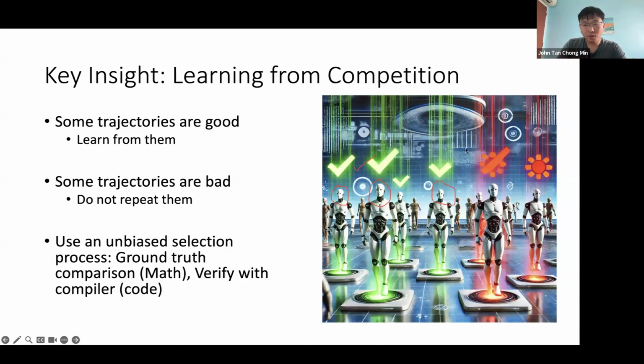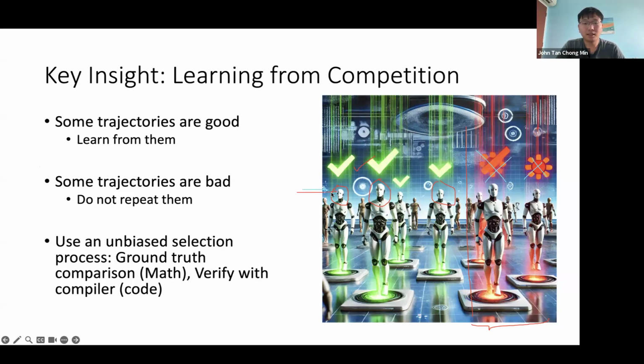Then on the other hand, we also have some trajectories that are bad. What do you do when they are bad? Of course, if they are bad, you don't really want to learn them anymore, right? So we try to take away those trajectories by letting the probabilities of such tokens be lower and lower. We don't want to output such tokens. These trajectories, we want to output these tokens more and more.